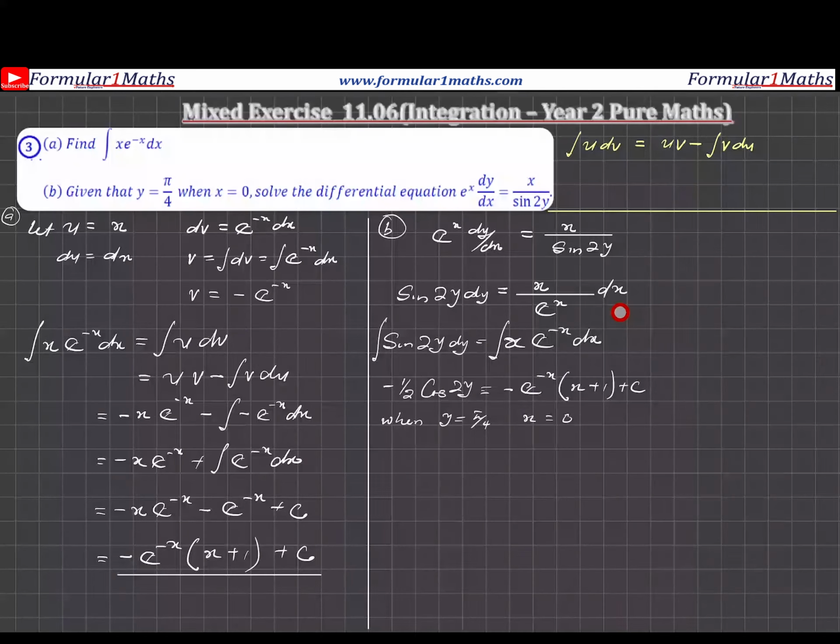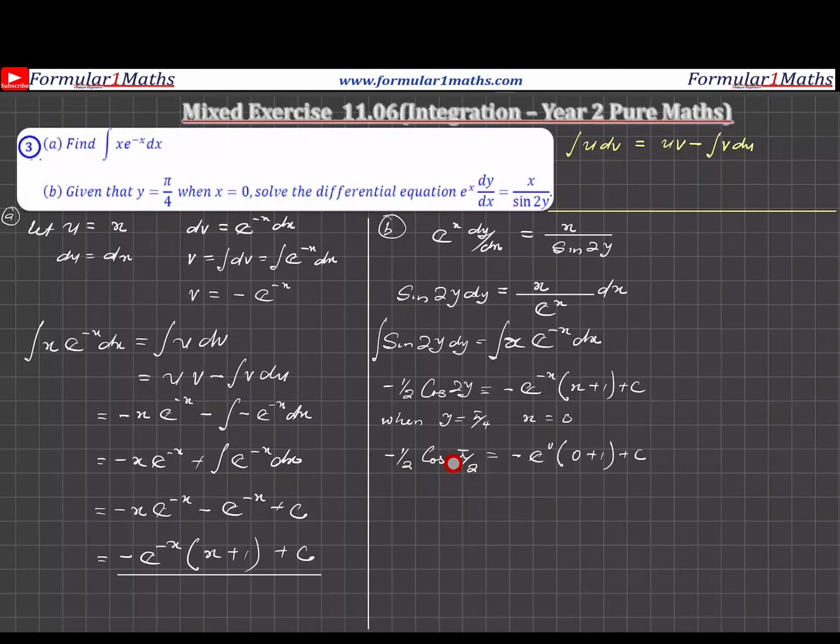So if I do that, I'm going to get minus half cos pi over 2, because 2 times pi over 4 is pi over 2, will be equal to minus e to the power 0 brackets 0 plus 1, plus the c.